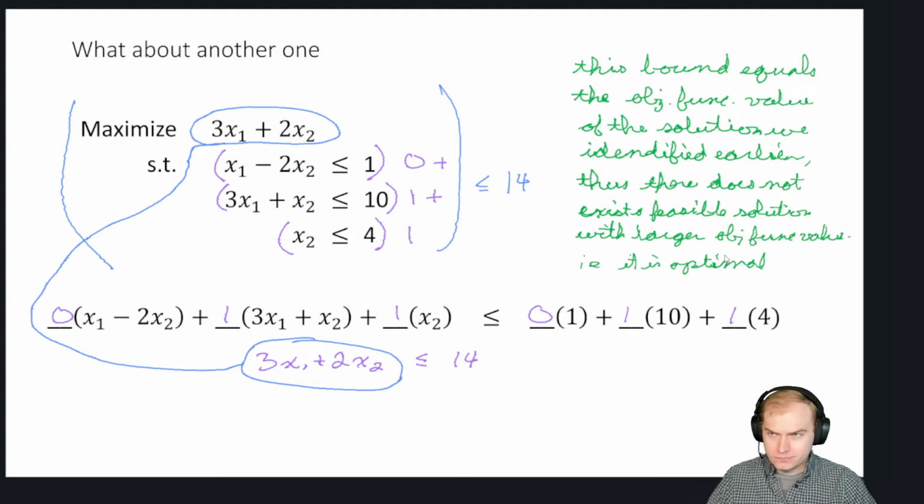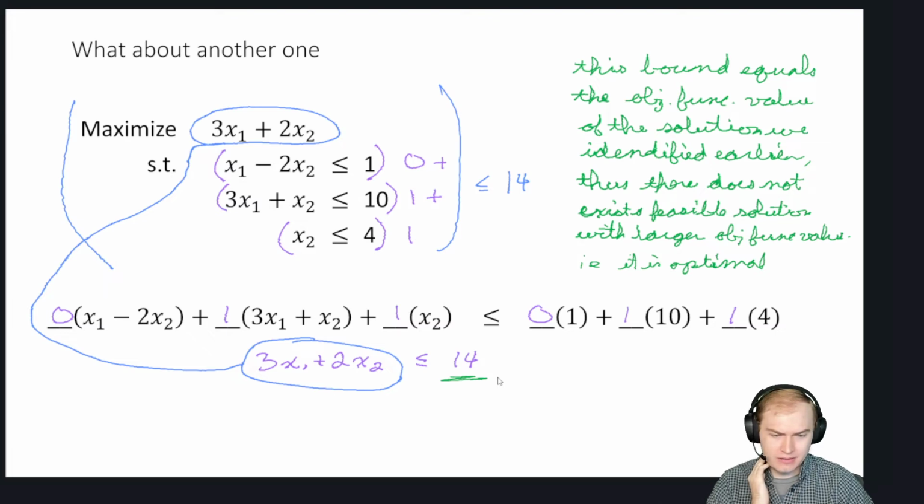And we can also kind of turn that on its head. We can turn that argument around and say, hey, we actually found a solution that has objective function value of 14.